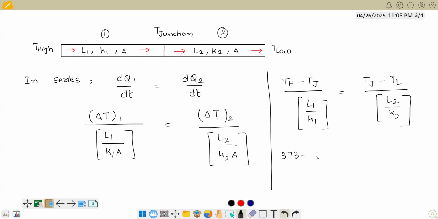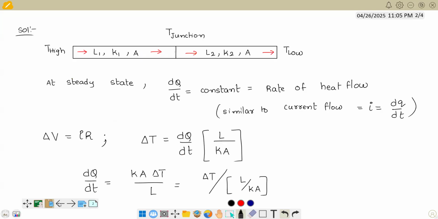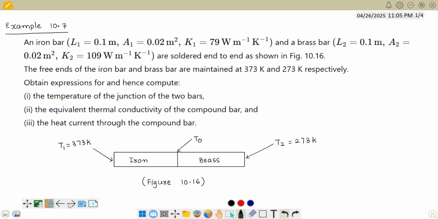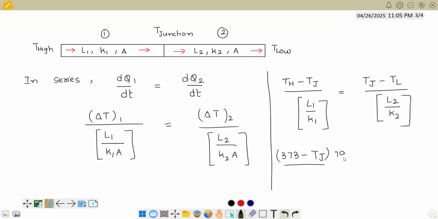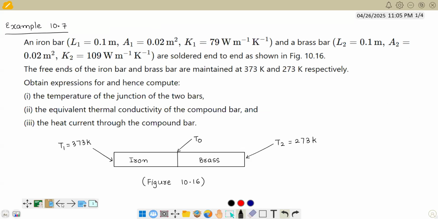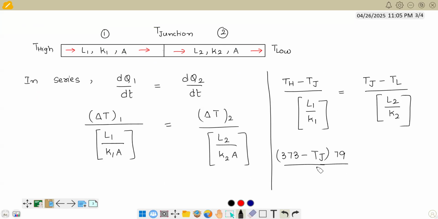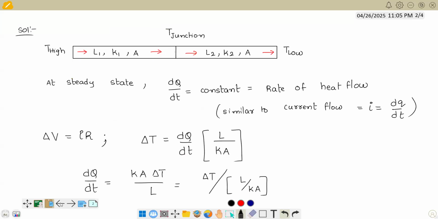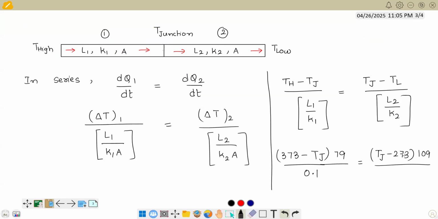So 373 minus Tj, and K1 value in the question was 79, K2 value is 109. 79 divided by L1, L1 value was 0.1, equals T junction minus 273, and the denominator will come to the numerator, so this value is given as 109 divided by 0.1 only. Now we simply need to solve this to find the value of the junction temperature.